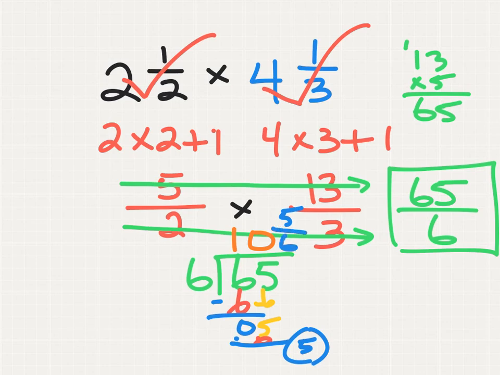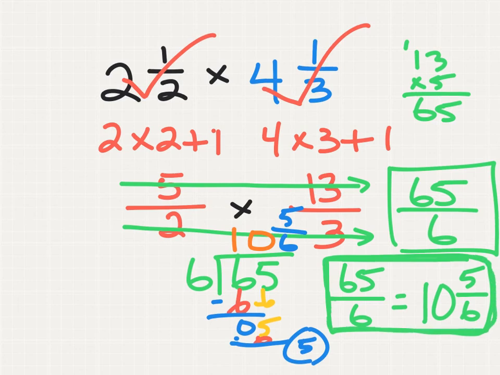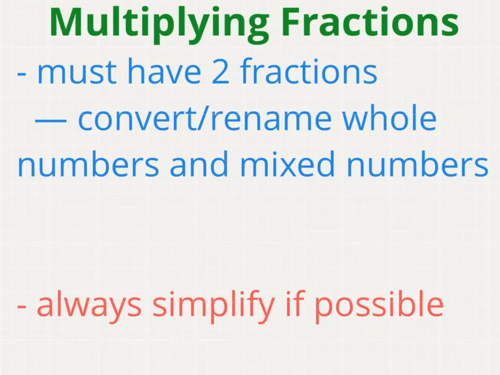So that 65/6 is equivalent to the mixed number of 10 5/6. 10 5/6 is the product of 2 1/2 times 4 1/3. Let's go ahead and wrap up this lesson. When multiplying fractions, the first thing you need to consider is you must have two fractions.